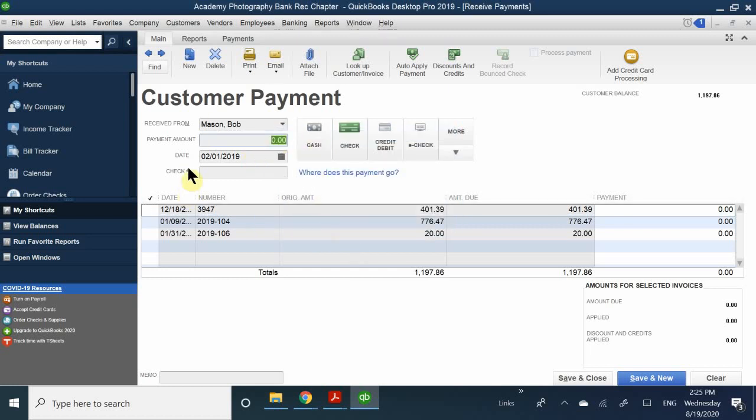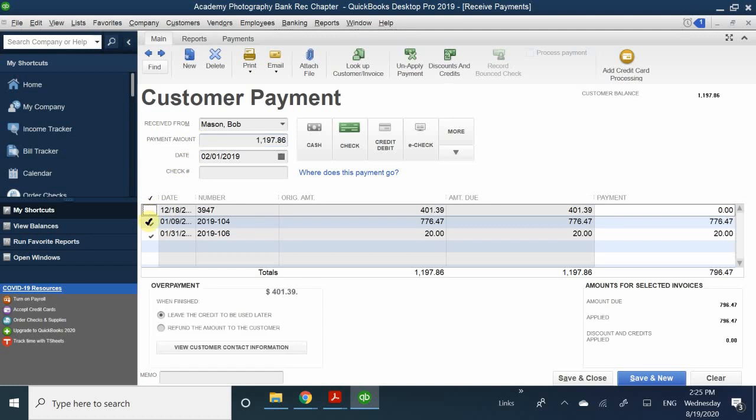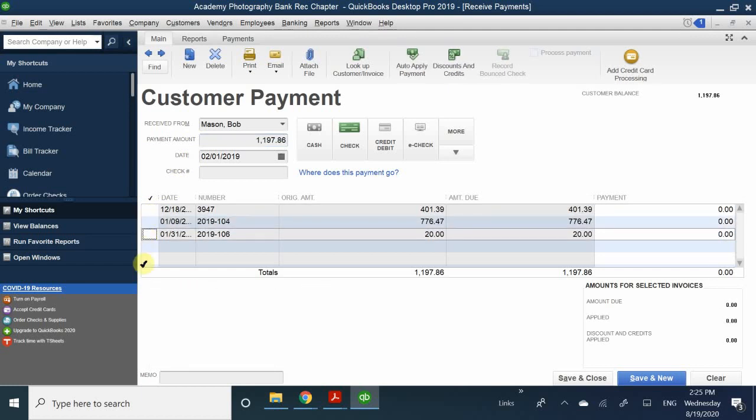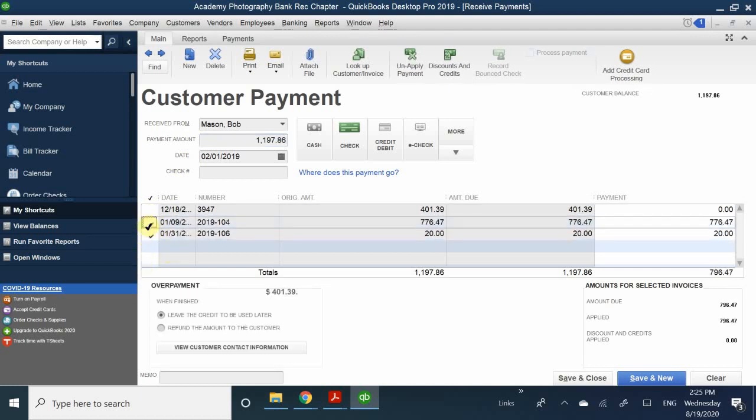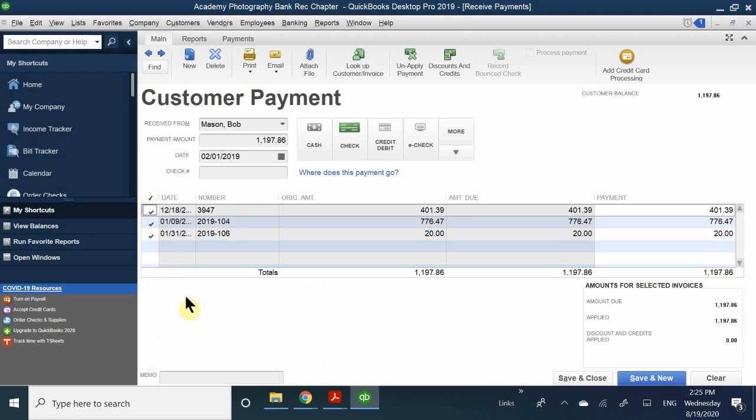His check payment amount is $1197.86. I should be able to click this and this and this. It's not allowing me to click. Oh, there you go, one, two. For a total of $1197.86.